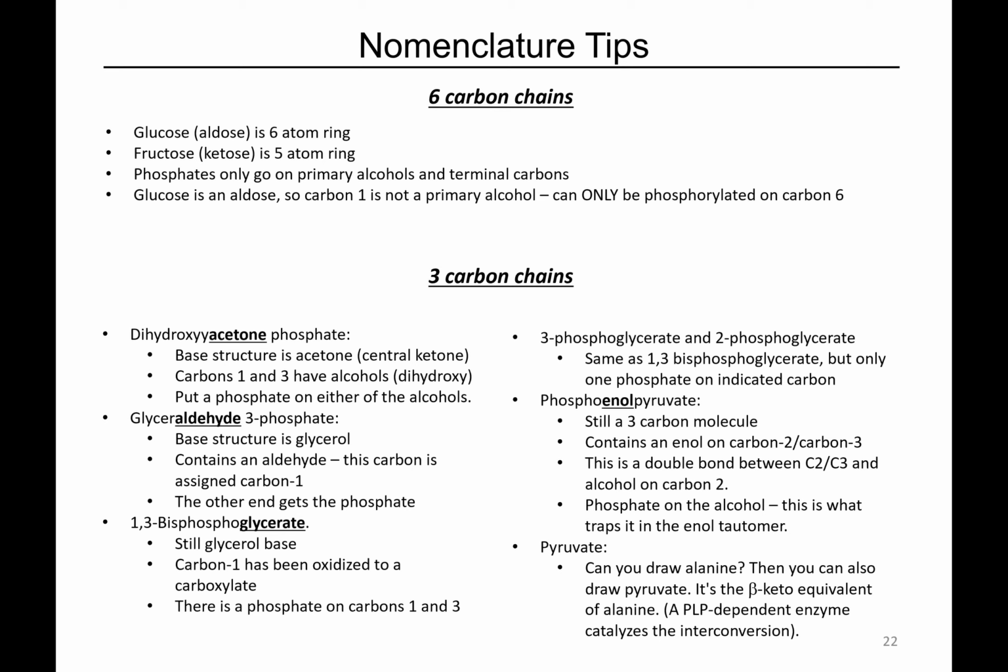1,3-bisphosphoglycerate. Glycerate, carbon 1, carbon 3, put a phosphate on carbon 3, and the only place it can go on carbon 1 is on this oxygen, right? So put it on this oxygen. 1,3-bisphosphoglycerate. Next is 3-phosphoglycerate.